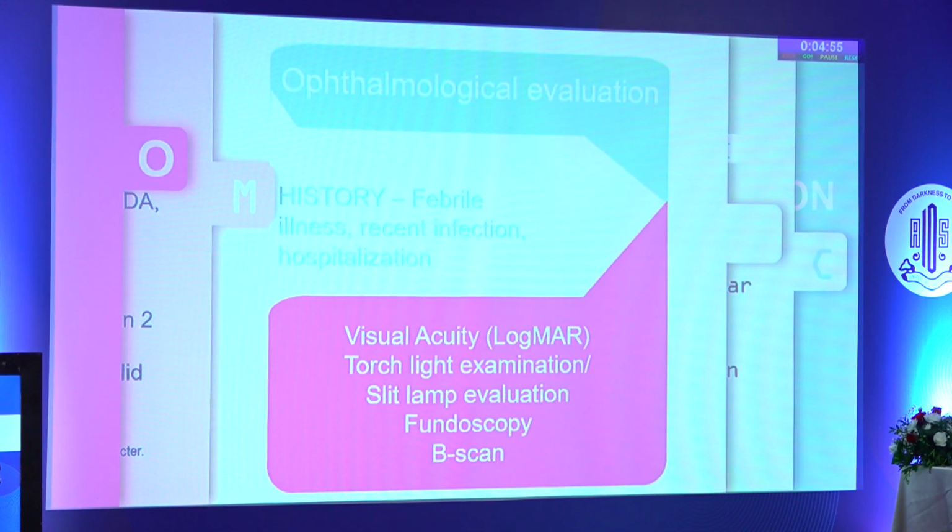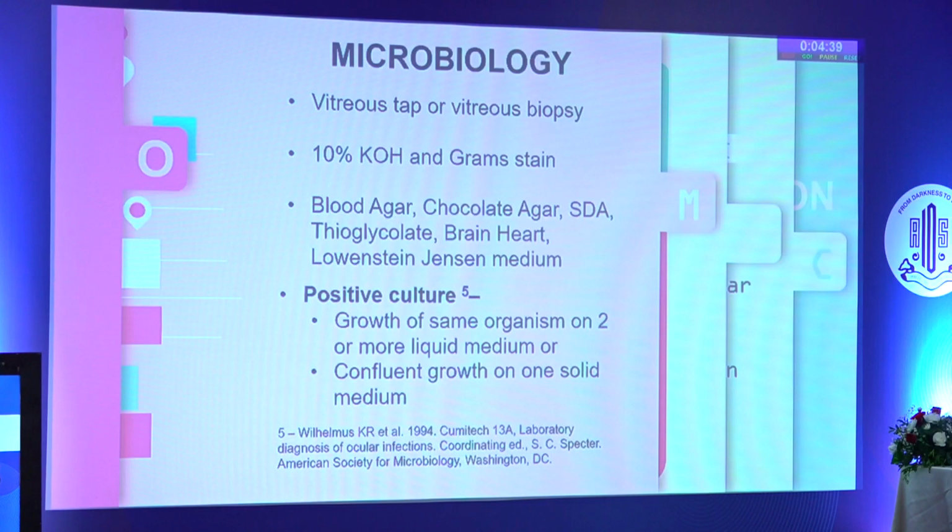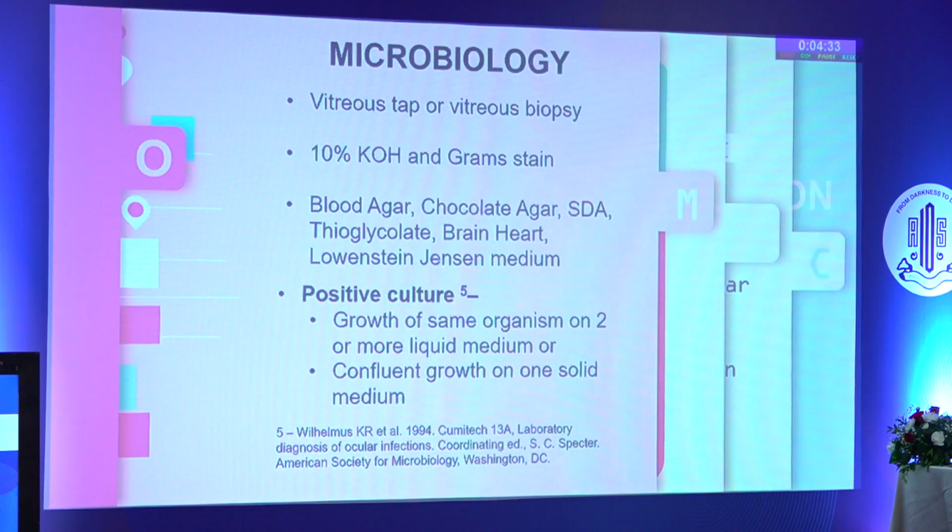The history we collected included febrile illness, recent infection, and hospitalization, and we subjected the children to visual acuity, logMAR, or torchlight examination depending on the age of the child, slit lamp evaluation, fundoscopy, and B-scan in which the fundus was not visible. Vitreous tap or vitreous biopsy were collected, and microbiology was done using 10% KOH, gram stain, and culture.